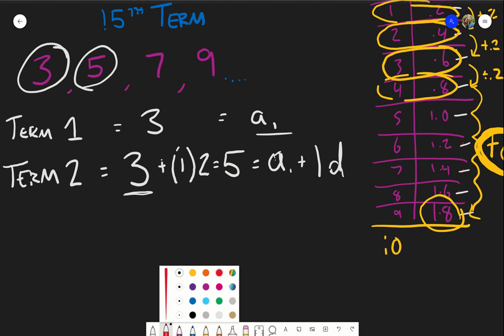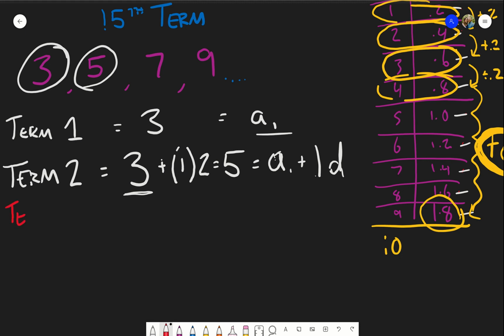All right, term 3, we took our starting term and we added 2 of our common difference. Whoops, parentheses in the wrong spot there. We added 2 of our common difference to get 7, right? Because 3 plus 2 times 2 is 4, 3 plus 4 is 7.